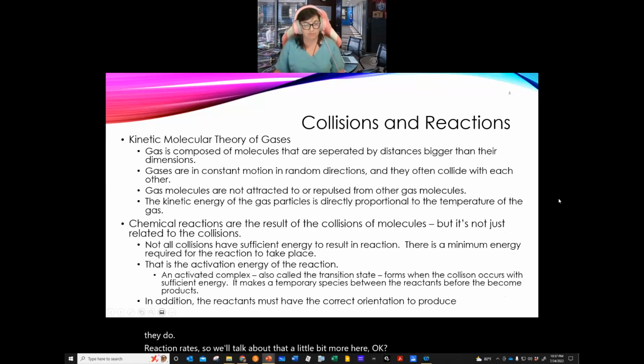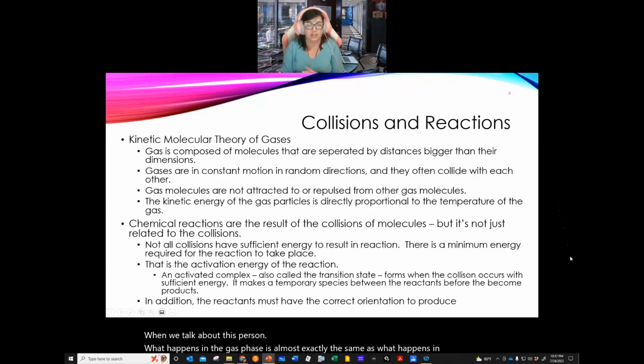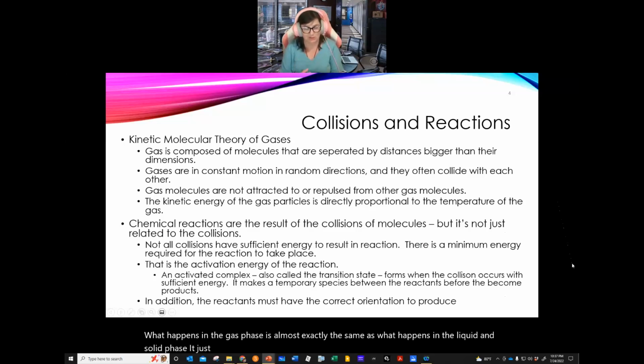Now, when we talk about this, the first thing we need to talk about is how do reactions happen? Well, reactions happen using the kinetic molecular theory of gases. Now, what happens in the gas phase is almost exactly the same as what happens in the liquid and the solid phase. It just happens a lot faster in the gas phase, and therefore it's easier for us to describe.